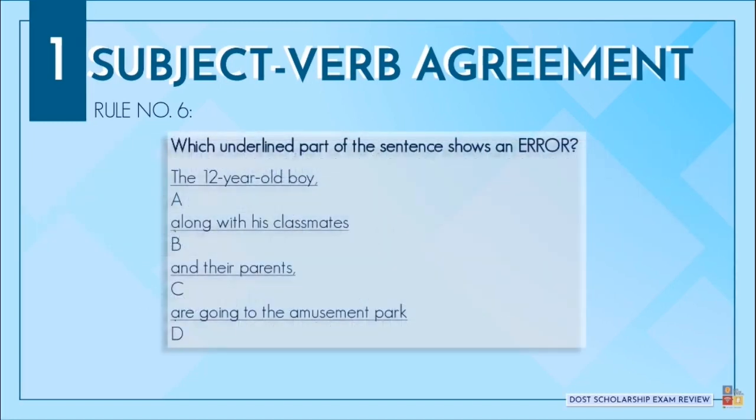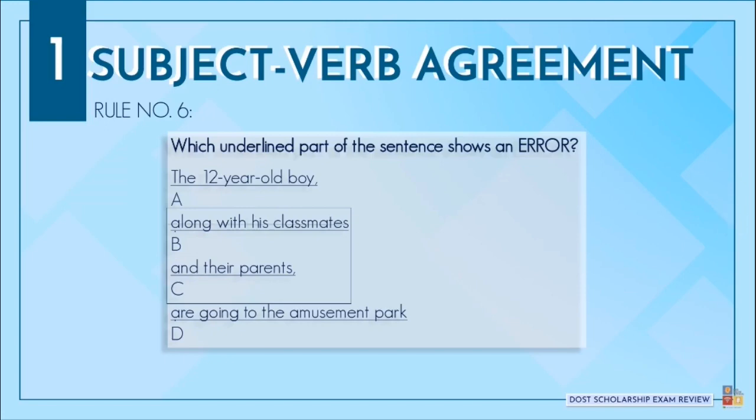So let's take this item from your pretest as an example. Which underlined part of the sentence shows an error? So the 12-year-old boy, along with his classmates and their parents, are going to the amusement park. So in this sentence, this whole phrase, along with his classmates and their parents, do not affect the subject.